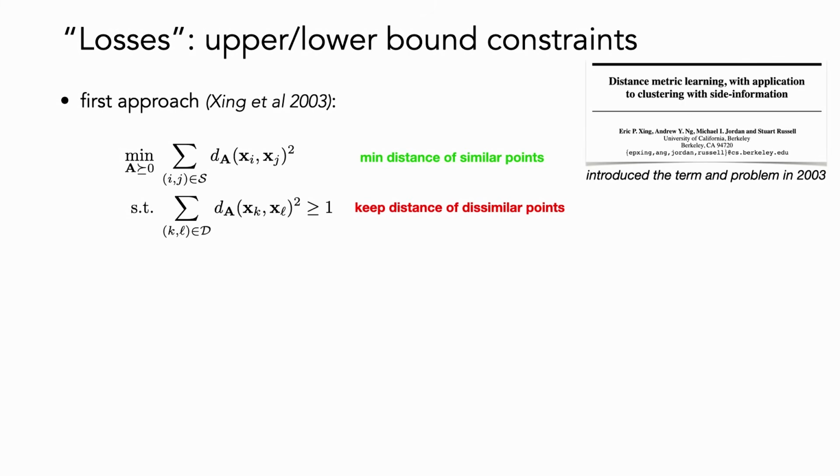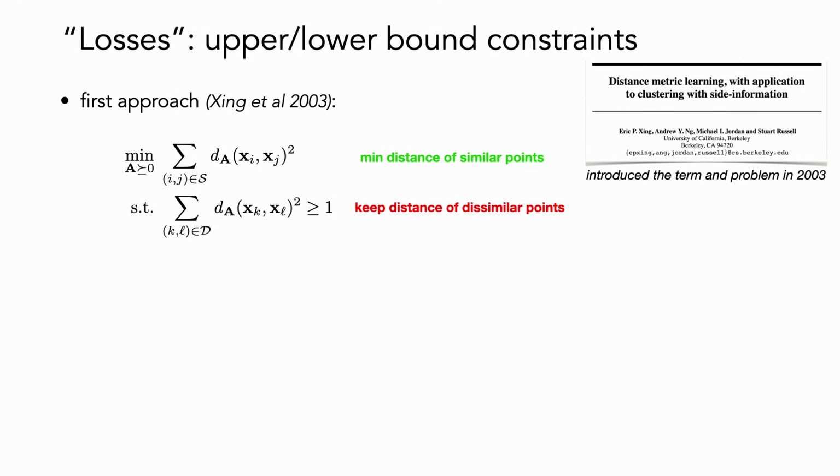So the first proposed approach, and one that was introduced in the paper that defined the term metric learning, which they called distance metric learning, was to set this up as an optimization problem with a constraint, right?